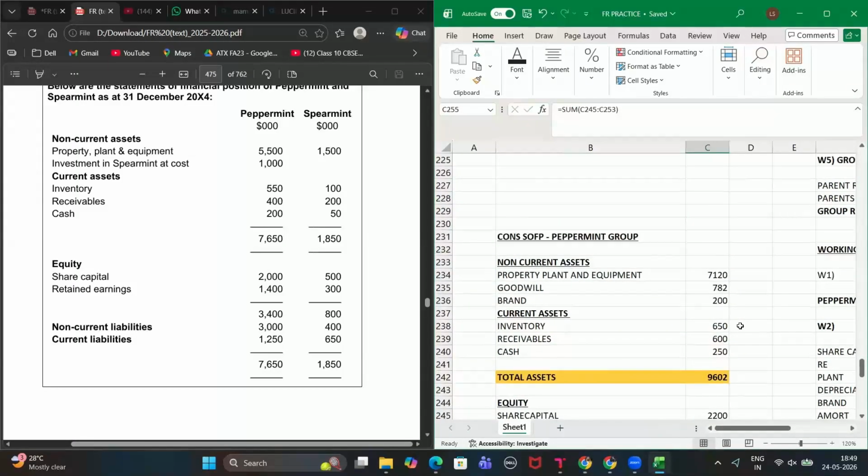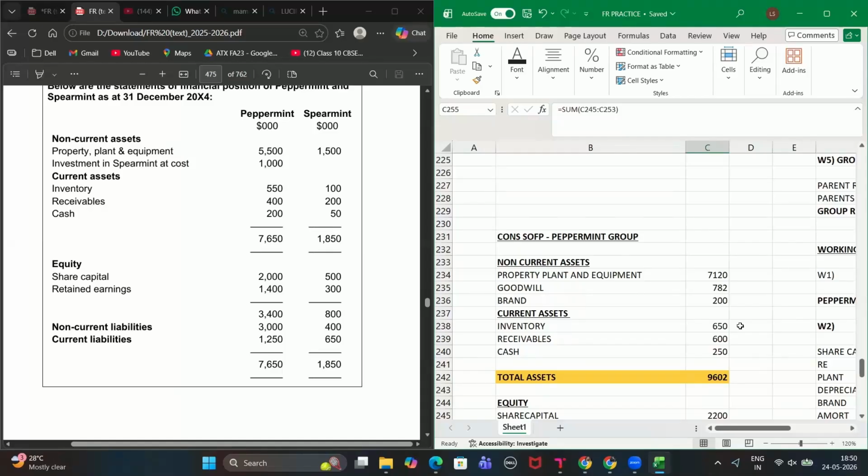See, let me ask you guys one thing. Are you guys now confident with SOFP, I mean, consolidated statements? Is the concept 100% clear? If you are confident that you will be scoring full marks in consolidation, put a thumbs up in the chat box.